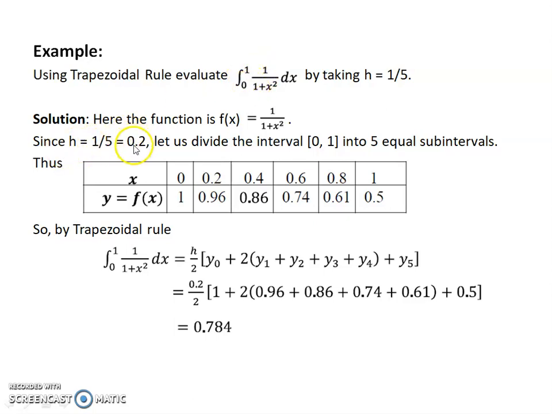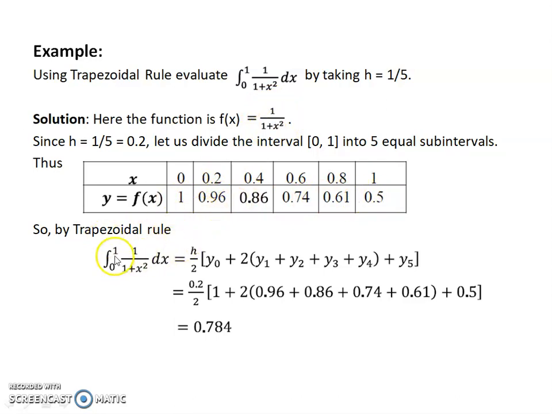So our h is nothing but 0.2. So our first point is 0.0, second is 0.2, third point is 0.4, like this. We have divided 0 to 1 into 5 subintervals. By putting these values of x in the function 1 divided by 1 plus x square, we get these values.